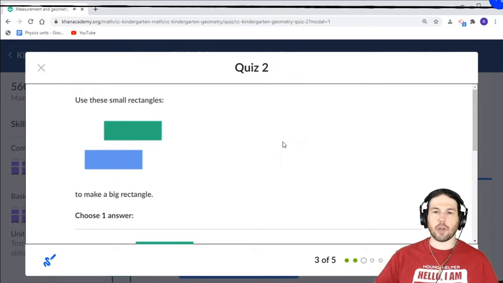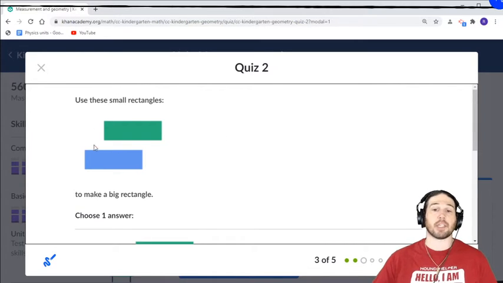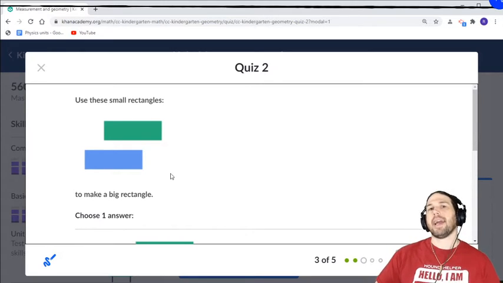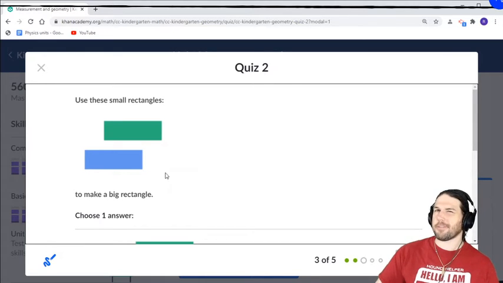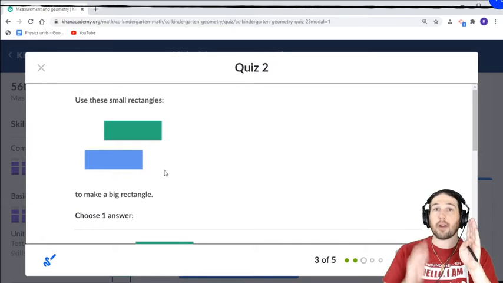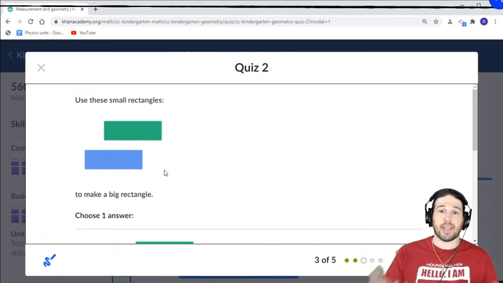Use these small triangles to make a big rectangle. Now, or small rectangles to make a big rectangle. There are a couple of ways I could do this. I could stack them on top of each other, or I could stack them side by side. Either one would make a larger rectangle. And I don't think we're quite ready for students to understand that a square is a type of rectangle yet. I think for now, it's okay for students to see a square and a rectangle as two totally different things.